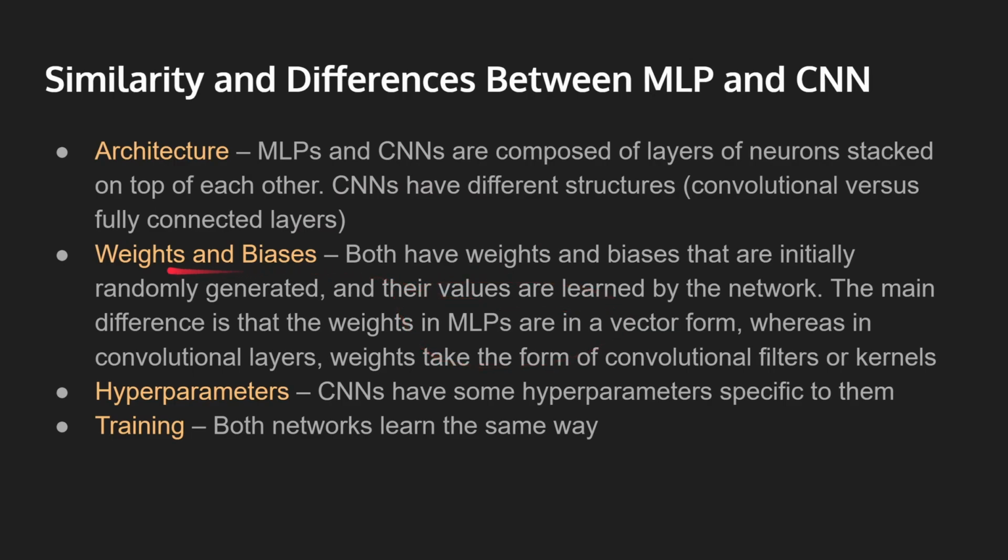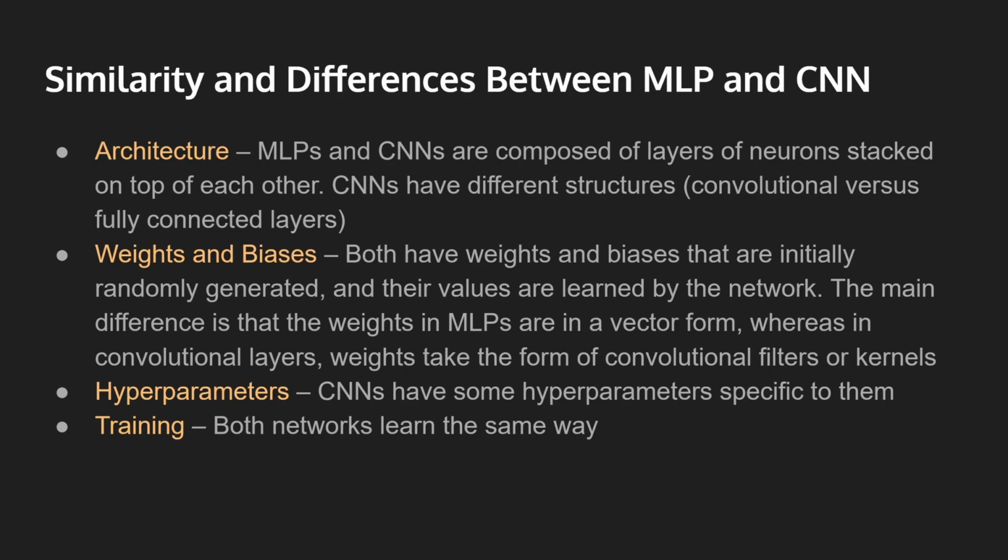And for weights and biases, both have weights and biases that are initially randomly generated, right? And then later on, they're improved through backpropagation. The main difference is that the weights in MLPs are in vector form since we have to flatten it, whereas in convolutional layers, weights take the form of convolutional filters or kernels.